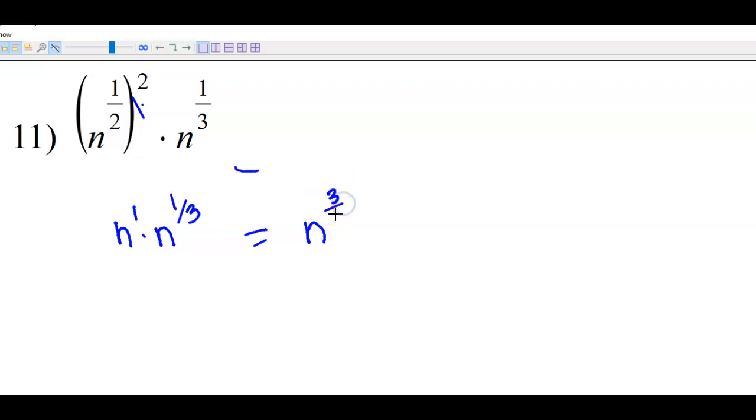The 1 gets multiplied by 3 over 3 to get the common denominator. So 3/3 plus 1/3 is equal to 4/3. So n is going to have the exponent of 4/3.